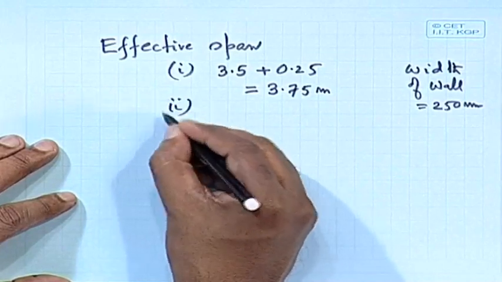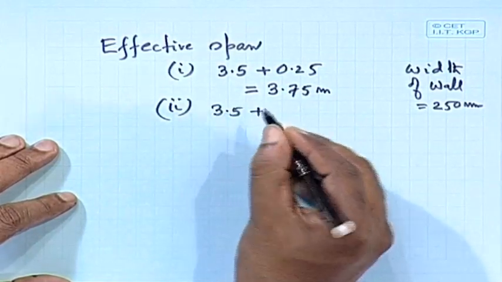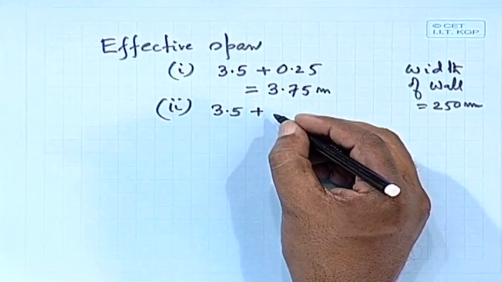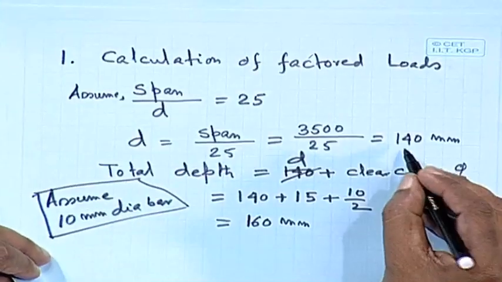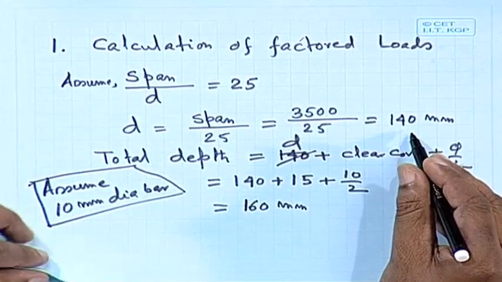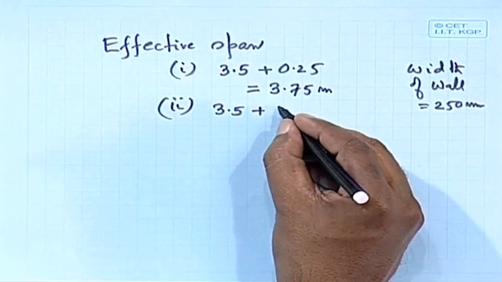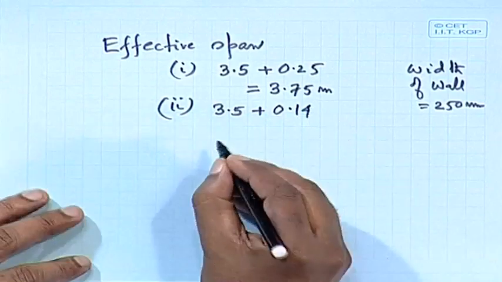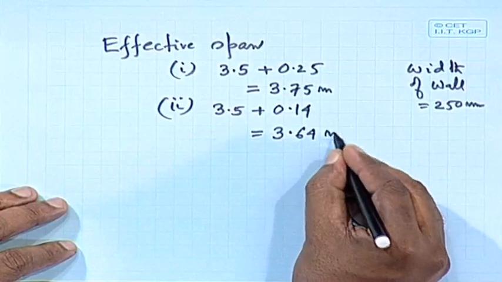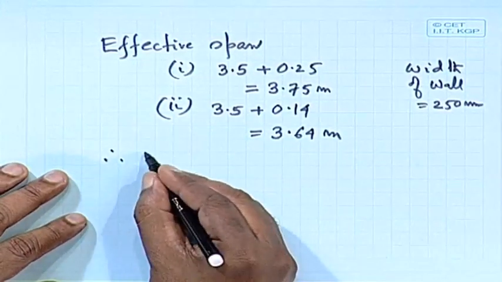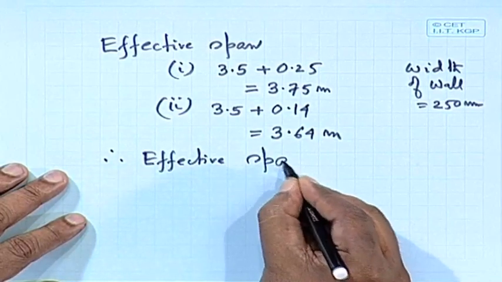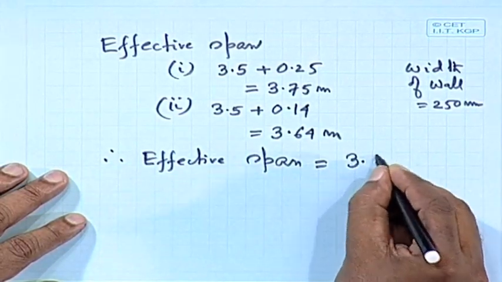The other one is 3.5 plus effective depth. Effective depth we have computed as 140 millimeter. So, we can take it as 0.14 and this comes as 3.64 meter. Therefore, effective span equals 3.64 meter.